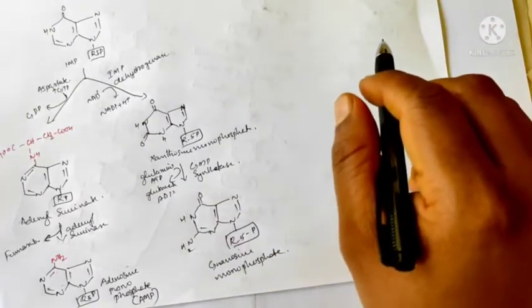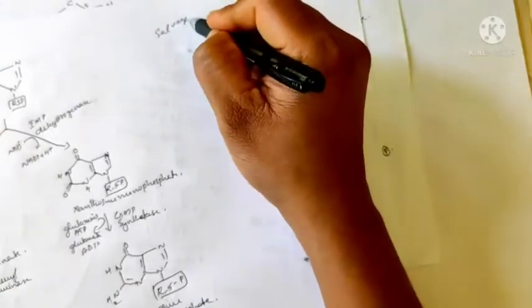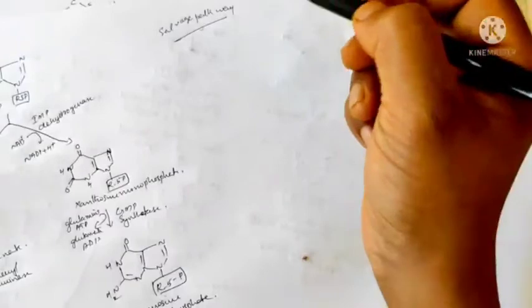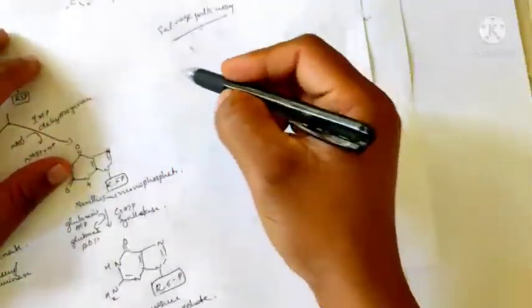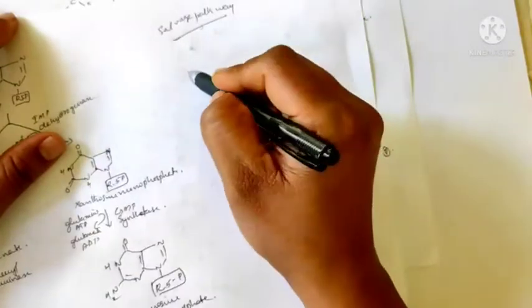Okay. Then coming to the salvage pathway. Salvage pathway means phosphoribosylation of pre-existing nitrogen base.